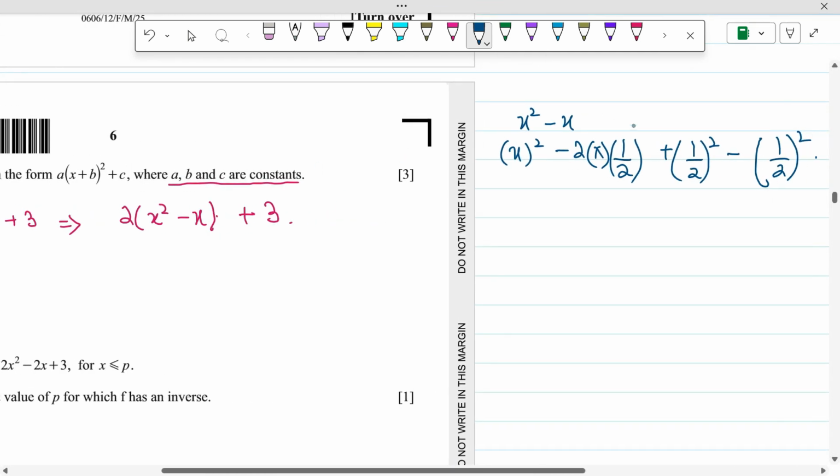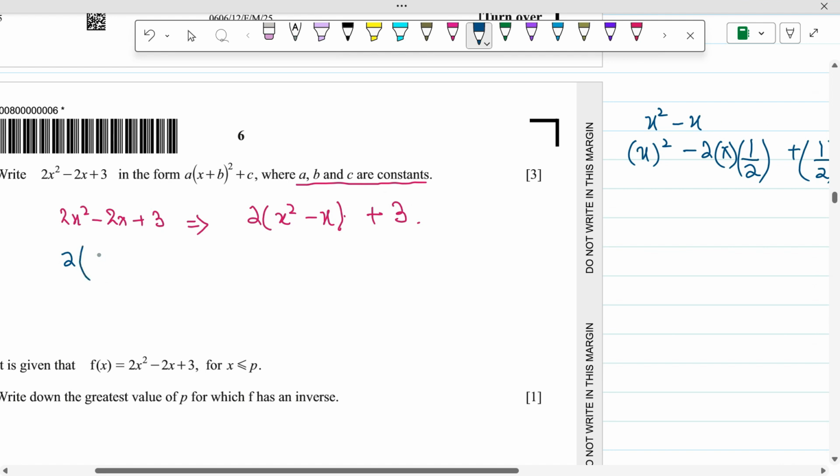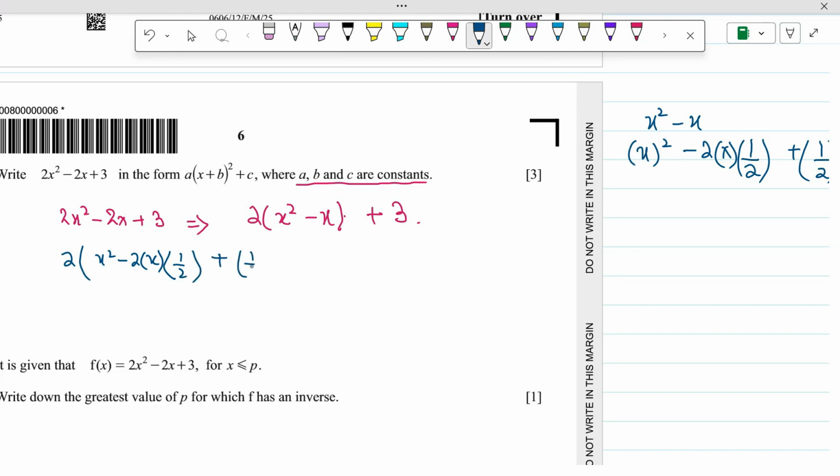So this equation can be written as 2 times (x squared minus 2 times x times 1 over 2 plus (1 over 2) whole squared minus (1 over 2) whole squared), bracket close, plus 3.